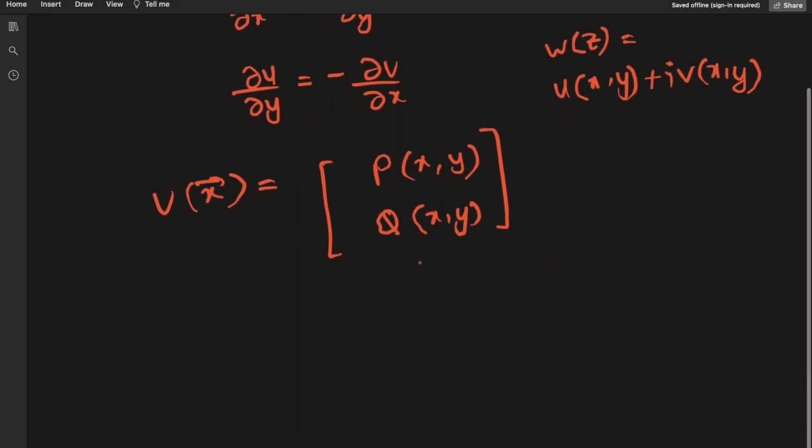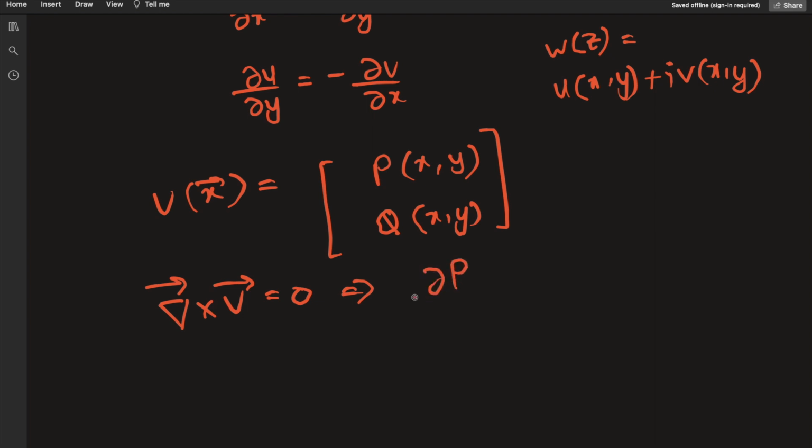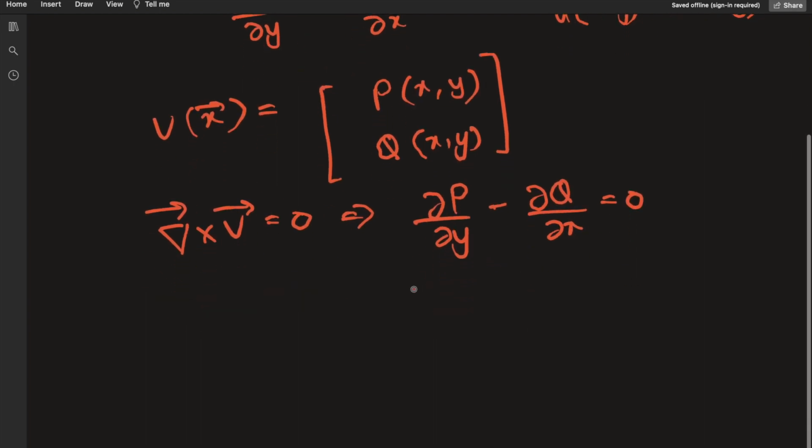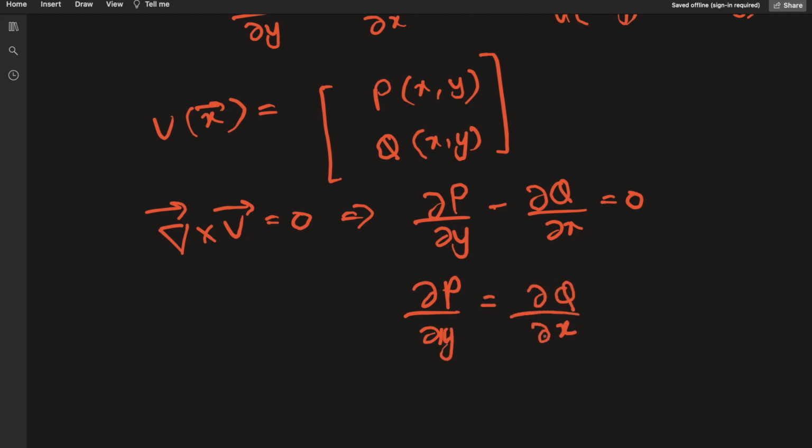Okay, so assuming you take the curl of v, assume your curl is 0, then you're going to get partial p with respect to y minus partial q with respect to x is 0, which means that partial p with respect to y is equal to partial q with respect to x.